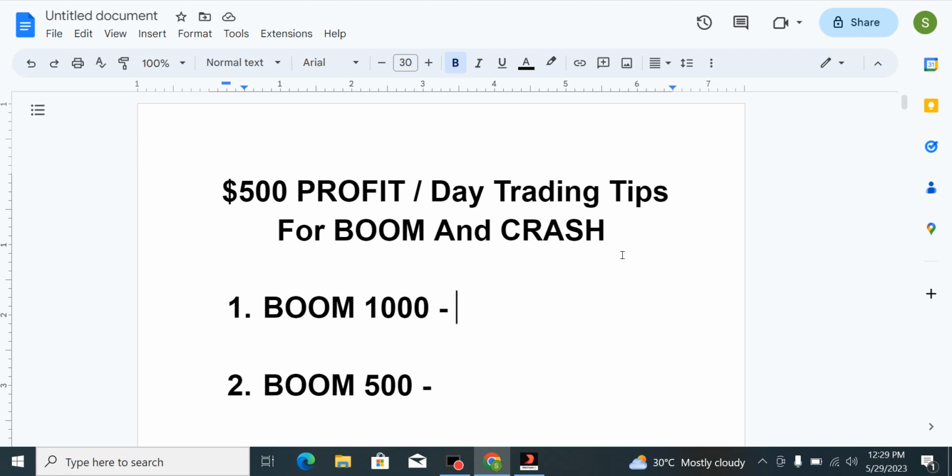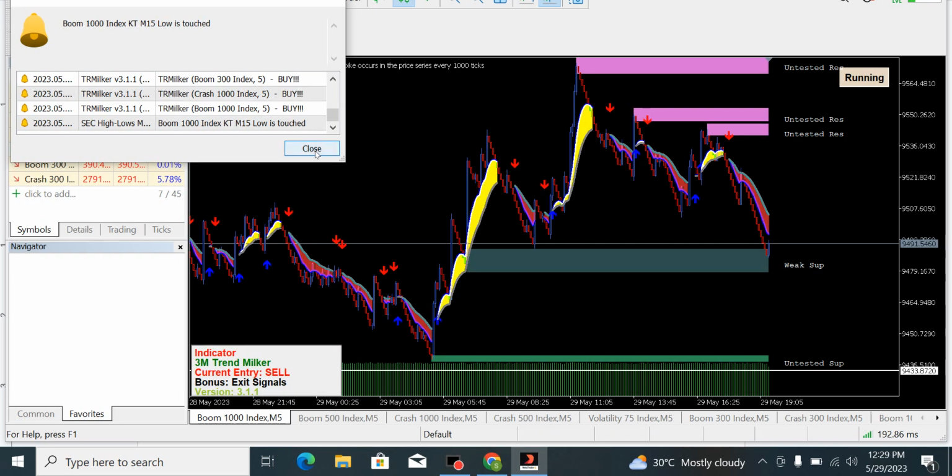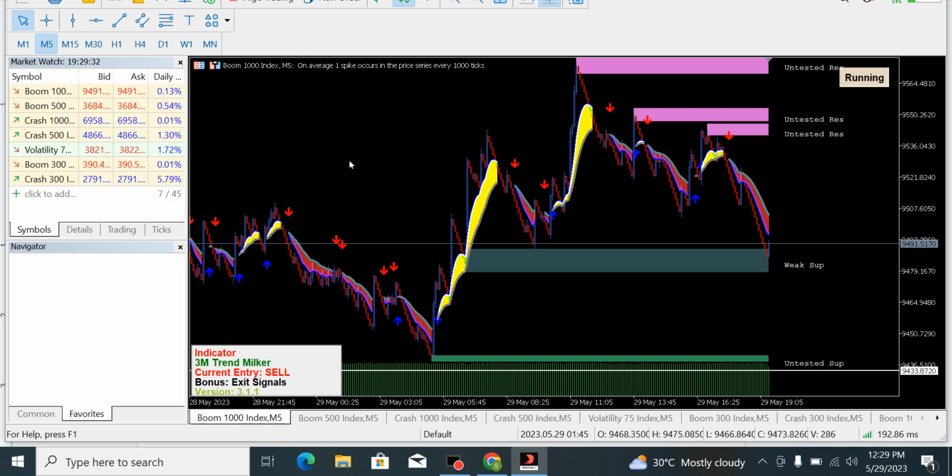Now let's go straight into what we have right here, starting with Boom 1000. Okay guys, this is Boom 1000, and right here we are on the 5-minute time frame, and we are using the 3M trend Milka trading indicator. This was an uptrend right from this support zone, got to this resistance zone, pulled back a bit, and of course went back up to break out from that resistance zone, and to end the trend at this particular resistance zone.